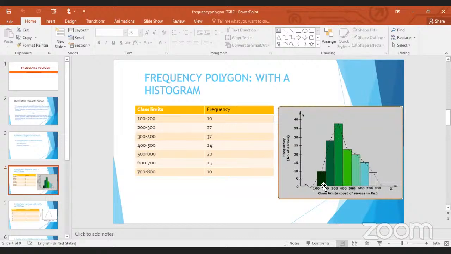If we see this small rectangle, it is showing a data set between 100 to 200, and the midpoint is 150. Then there's 200 to 300, with its own midpoint. This line connecting all the midpoints is known as the frequency polygon.